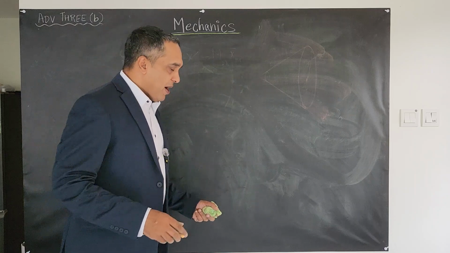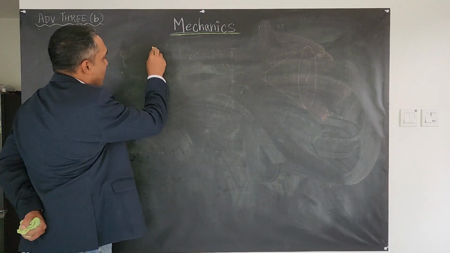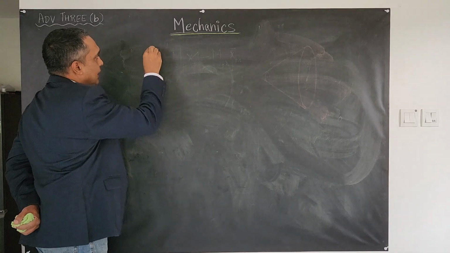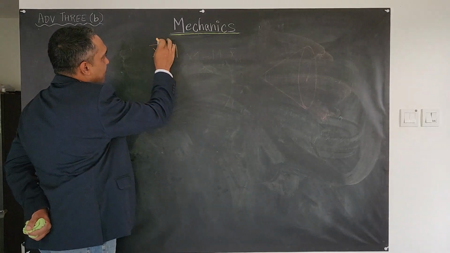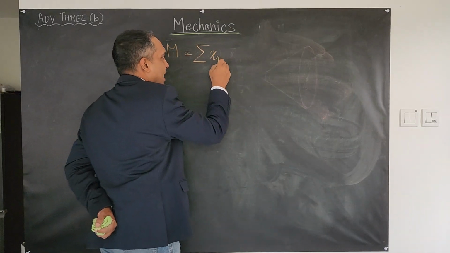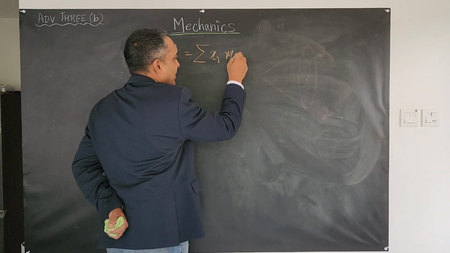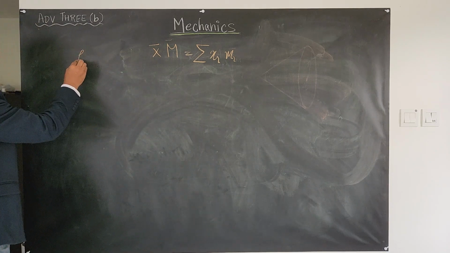So in all of what I did up until now, when I set up this problem, x bar and the total m, and I wrote that as my summation of xi mi, I very conveniently kept canceling out my density.